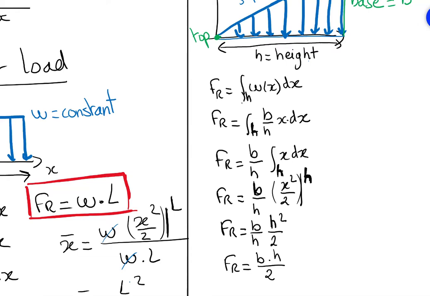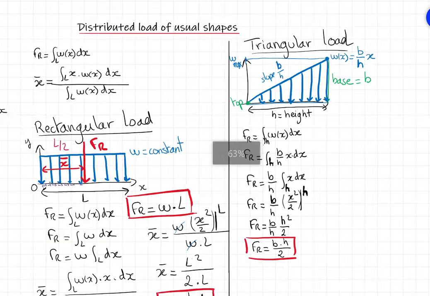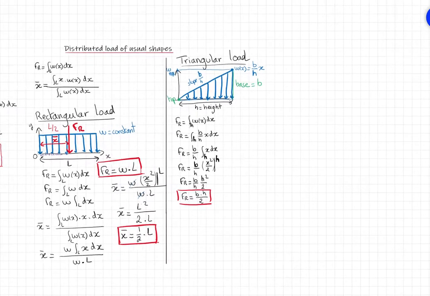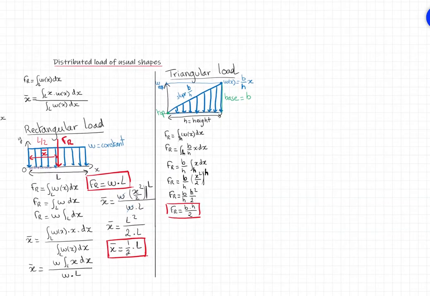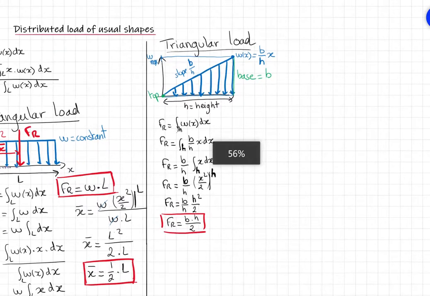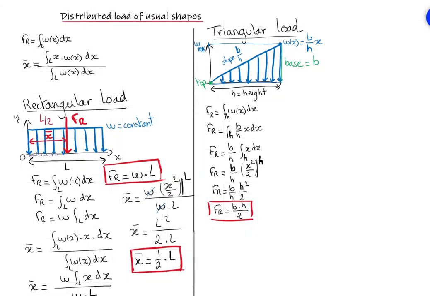And that's the formula for the resultant force for the triangle. So that's the first step. That makes sense. That's also the area of a triangle, right? B times H divided by 2, the usual shape. So that's FR.